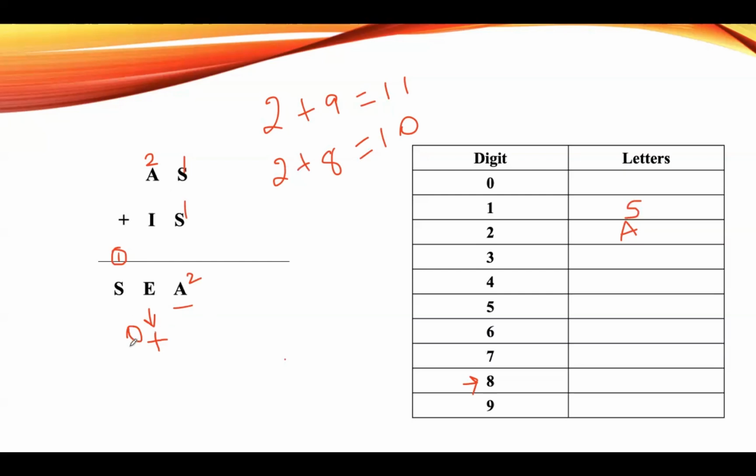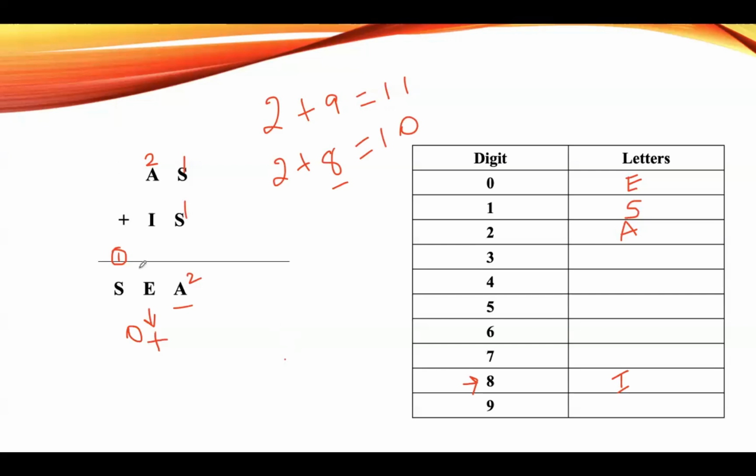No, so you can give it to E. Let us assign 0 to E in the table, and you can take the I value as 8. Now we have replaced all the alphabets with numbers.